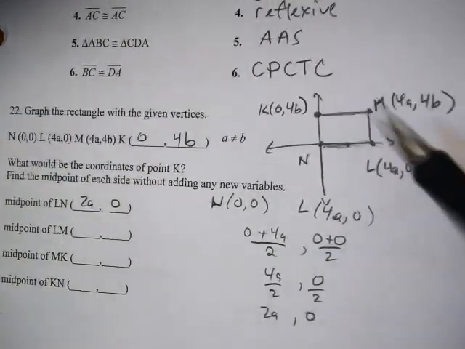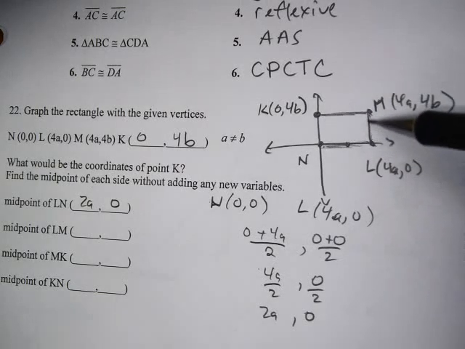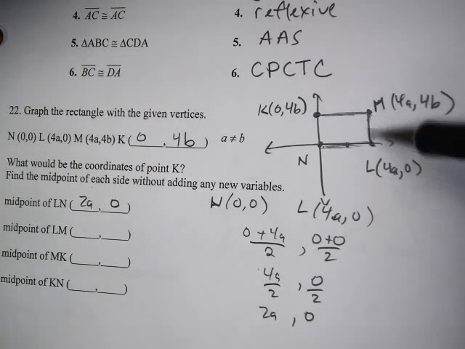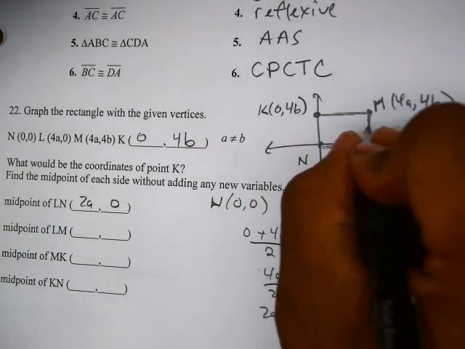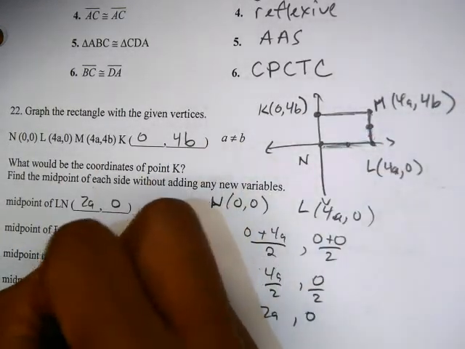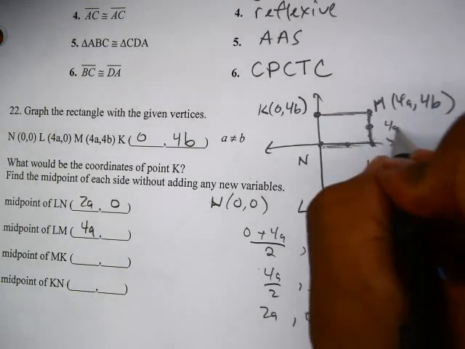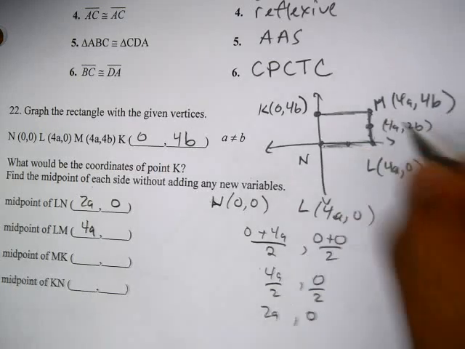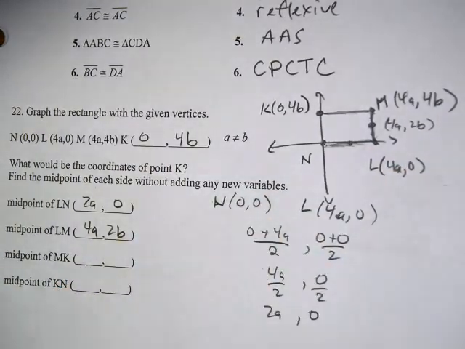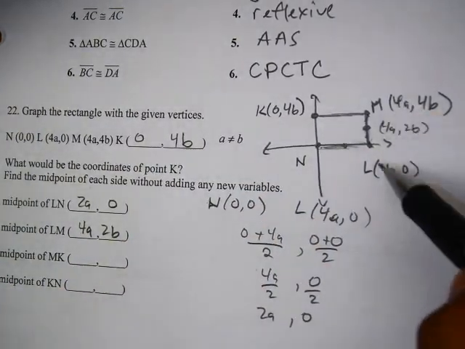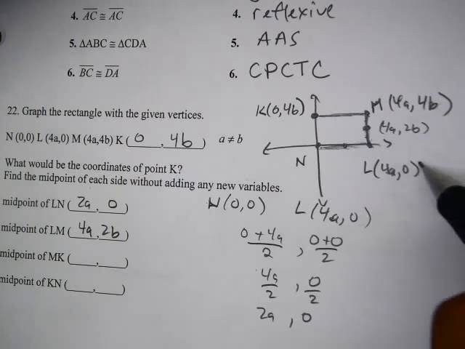Right in the middle of LM, if I'm along that line, my x value isn't going to change. So the x value of the midpoint is still 4a. But between 0 and 4b should be 2b. Again, I can take these, add them up, divide by 2, add these up, divide by 2.